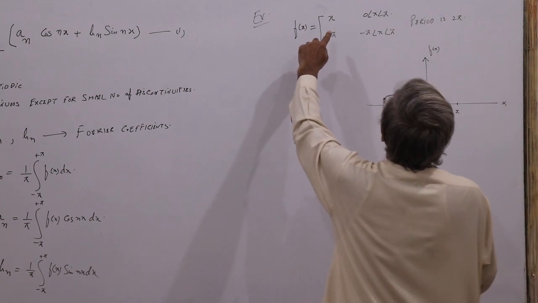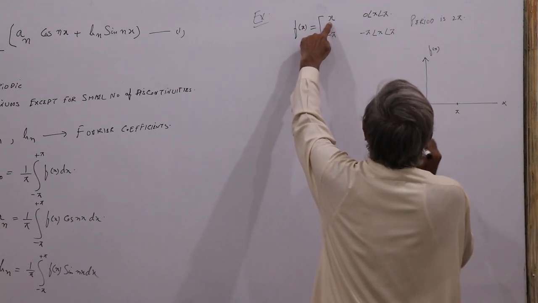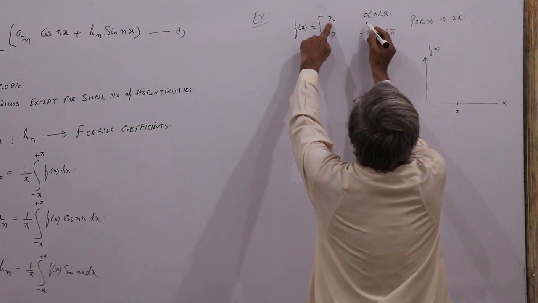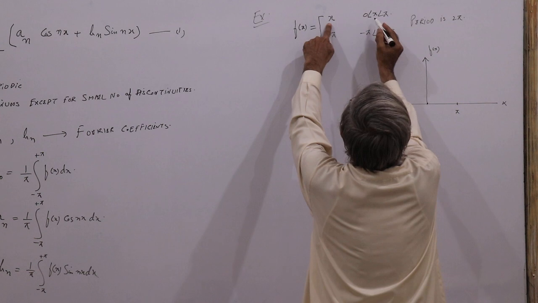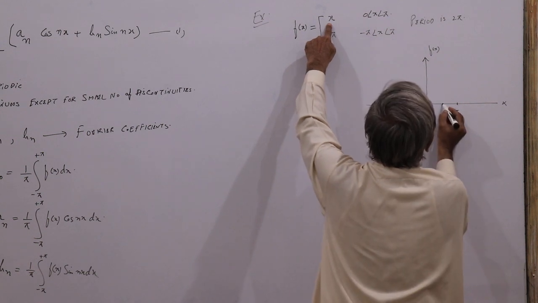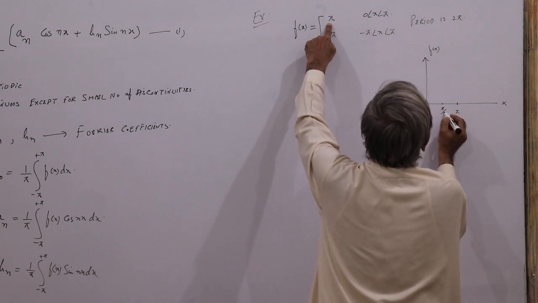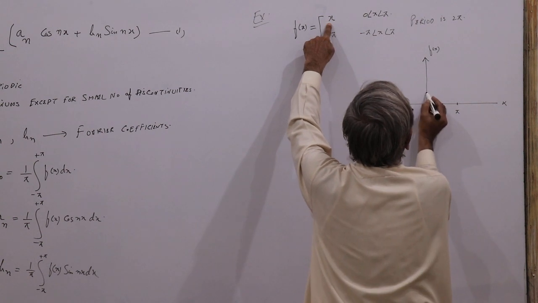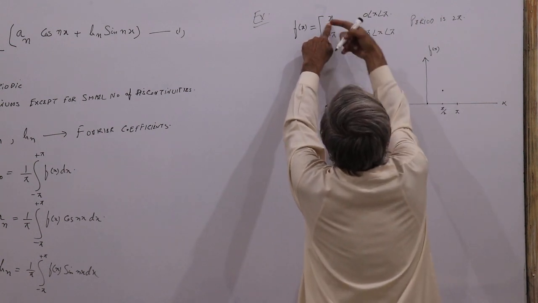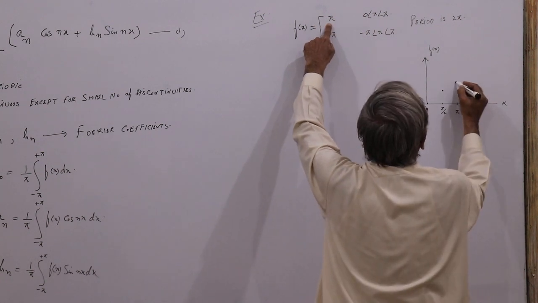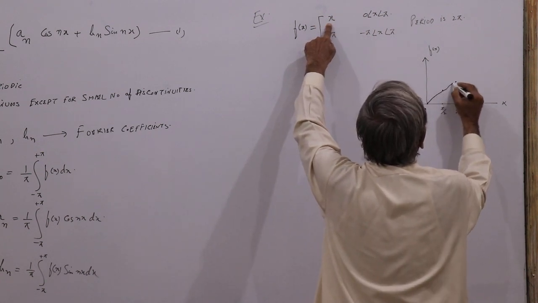When x is 0, f(x) is 0. When x is pi by 2, f(x) is also pi by 2. When x is pi, f(x) is pi. So your graph is that.